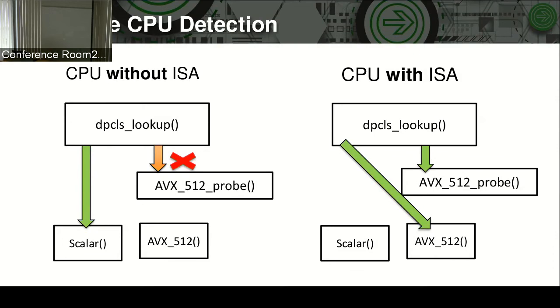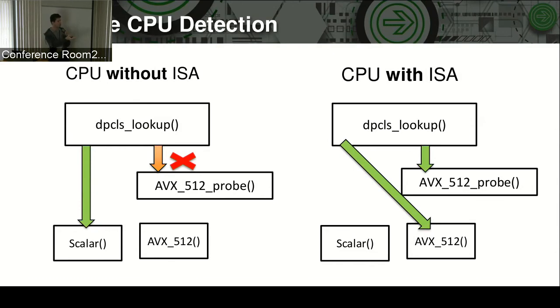There's a valid use case of OVS running inside a VM. For that use case, how will you solve this kind of runtime CPU detection? You may not have access to the physical CPU information. I believe that whenever we emulate a CPU as a virtual CPU, we can run the CPUID instruction on x86 and x86-64, and that will return to us what CPU flags we have.